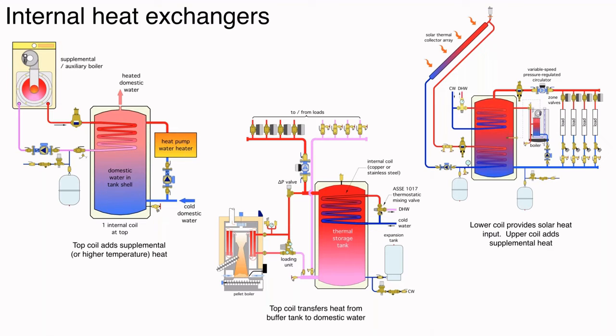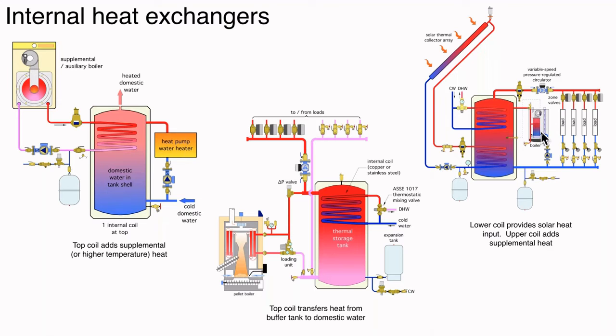So we're basically trying to keep the heat exchanger immersed in the cooler water near the lower portion of the tank. And then if necessary, you see the auxiliary boiler over here on the right with a circulator that can turn on and add heat. Again, you can see the heat input from the auxiliary boiler is going into the upper portion of the tank.